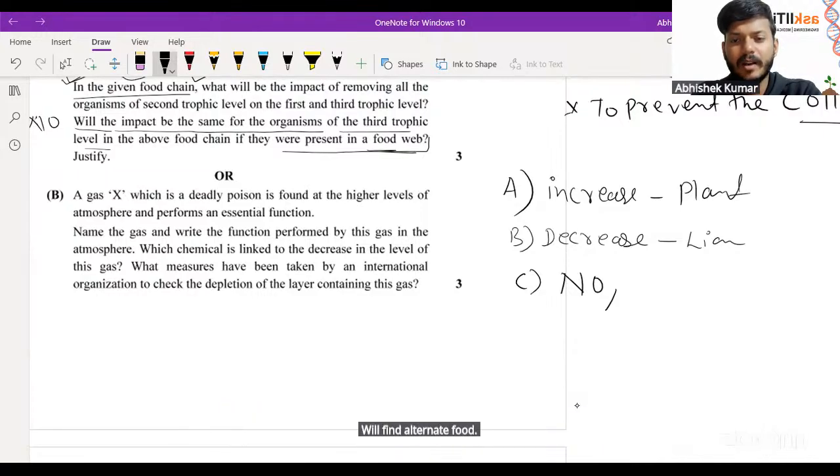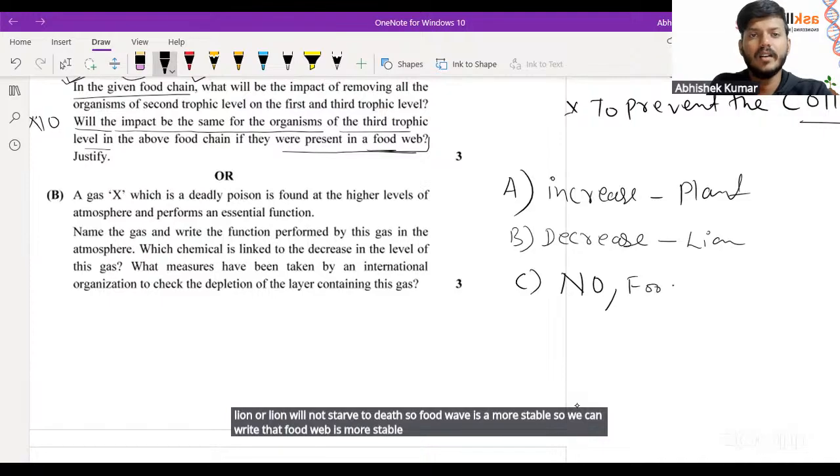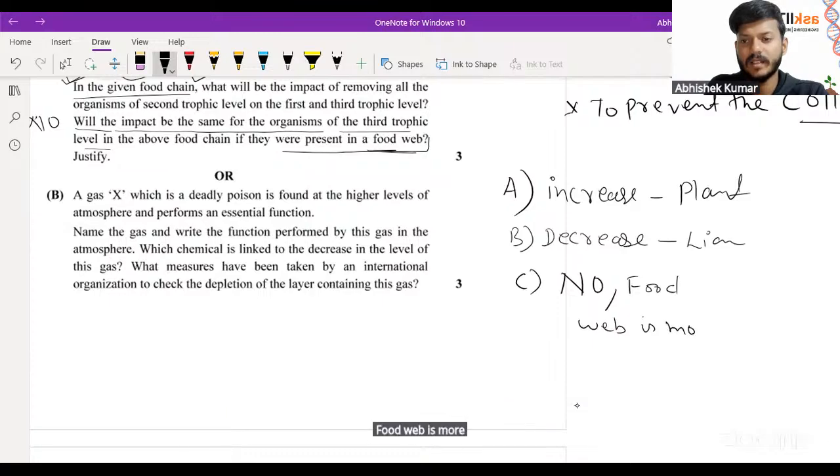It may be zebra or rabbit or something else, and the lion will not starve to death. So a food web is more stable. We can write that a food web is more stable.